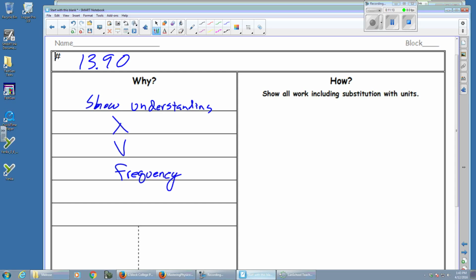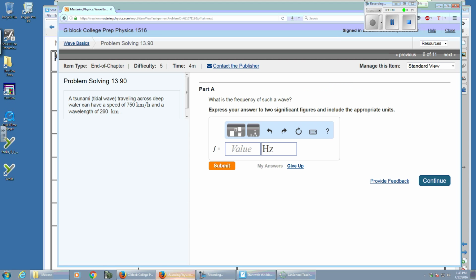In your how, we're just using v equals lambda f, our speed equals our wavelength times our frequency. And the only thing we're going to have to be careful of is our units. So my speed is 750 kilometers an hour.